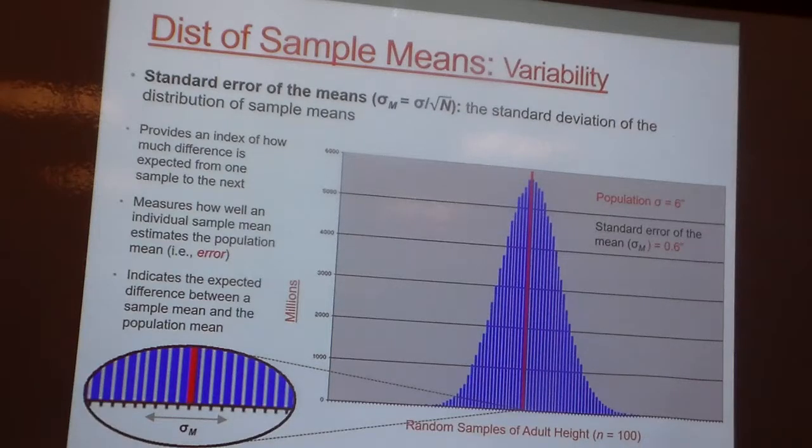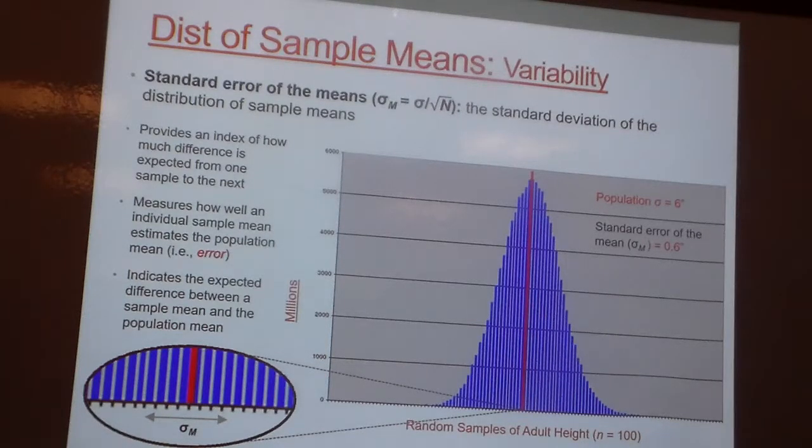We could say, based on the standard error of 0.6 with samples of 100, that I would expect any randomly selected sample of size 100 to be not 6 inches, but 0.6 inches, a little over half an inch from the true population mean.